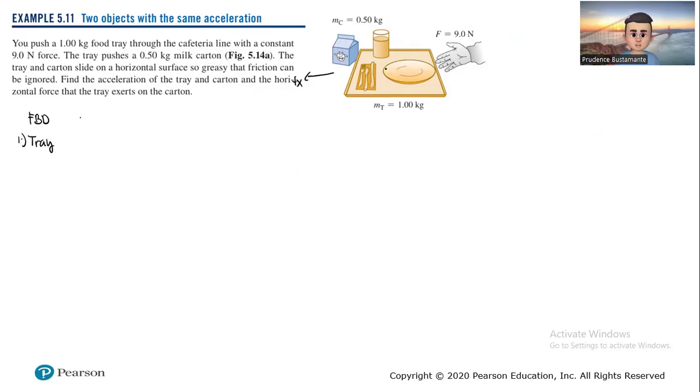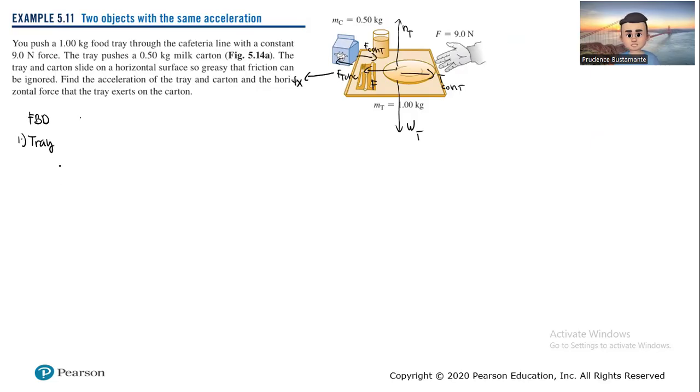If you look at the tray, there is the normal force of the tray, the weight force of the tray, the force that is being applied, and also the force of the carton on the tray and the force of the tray on the carton. It has a force of the carton on the tray because it bumped with the carton.